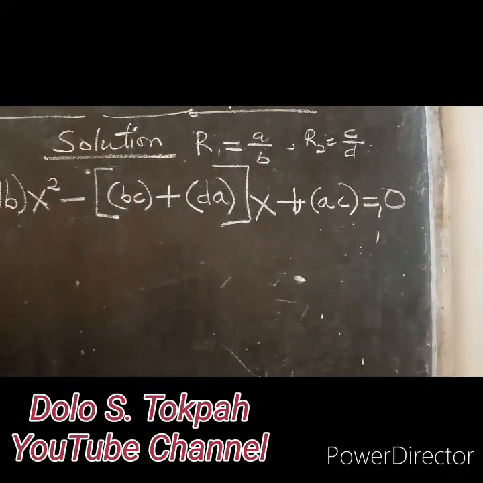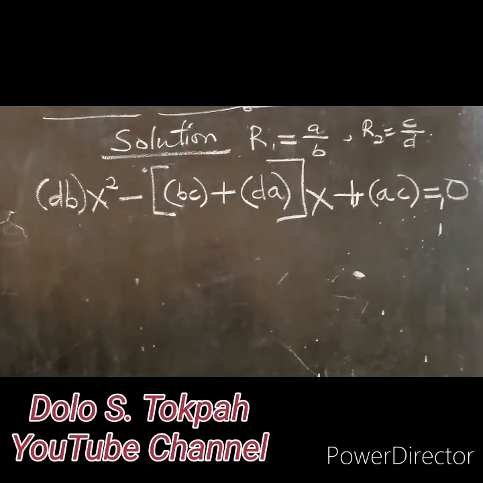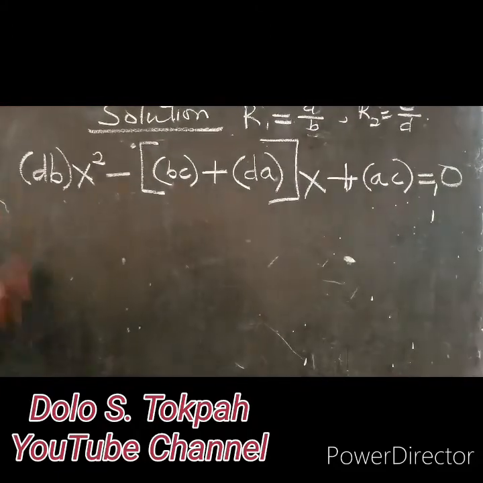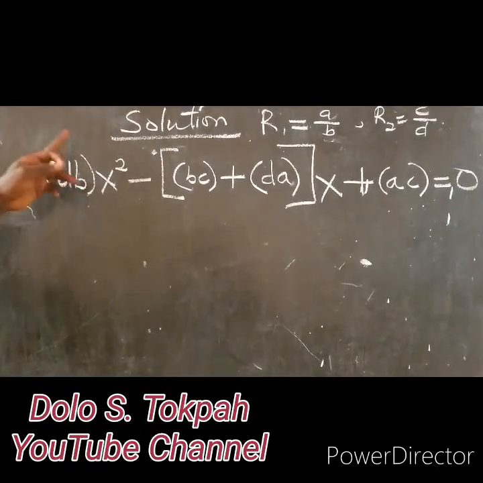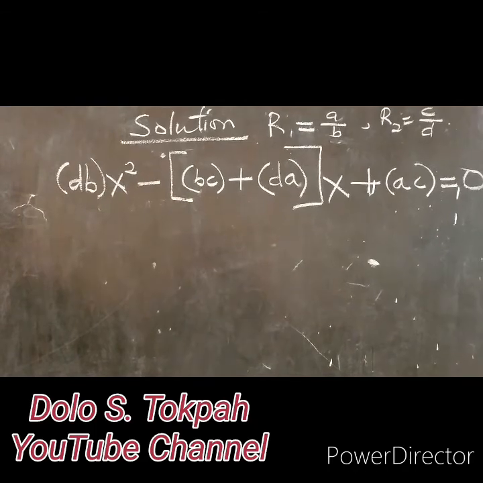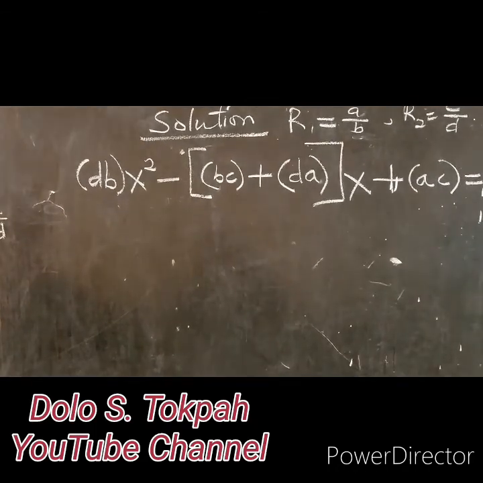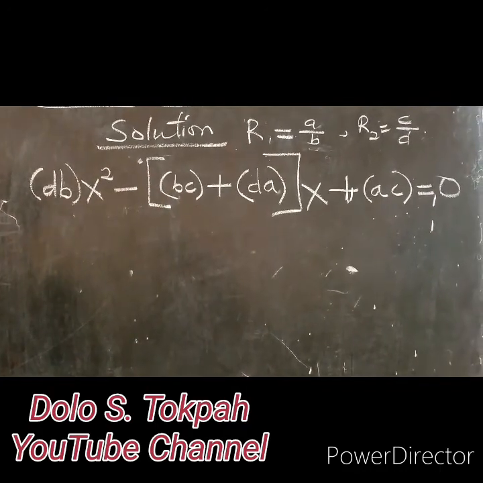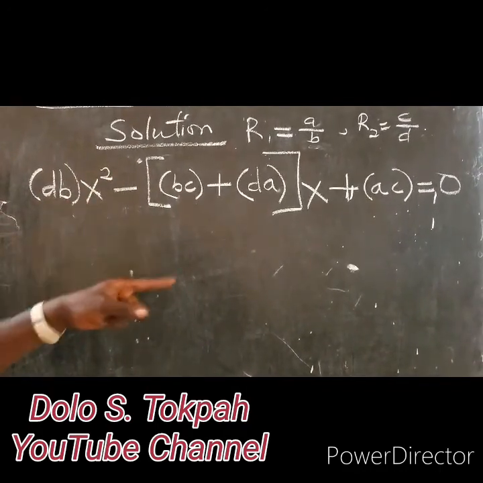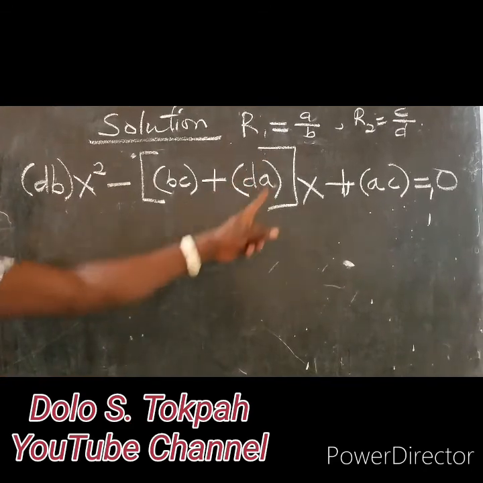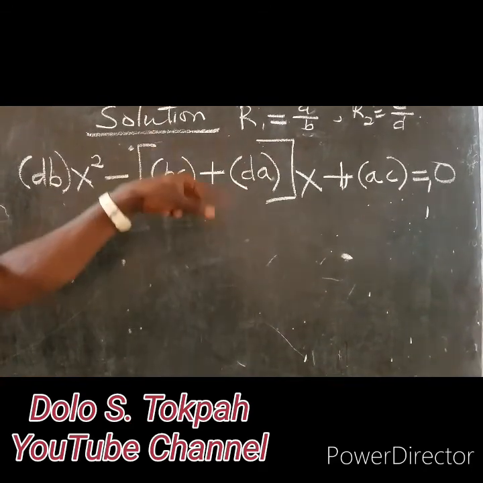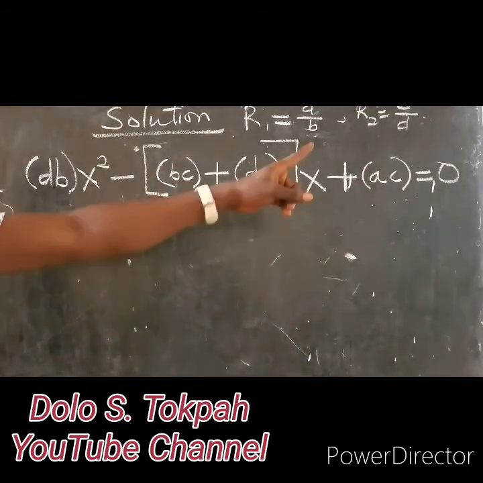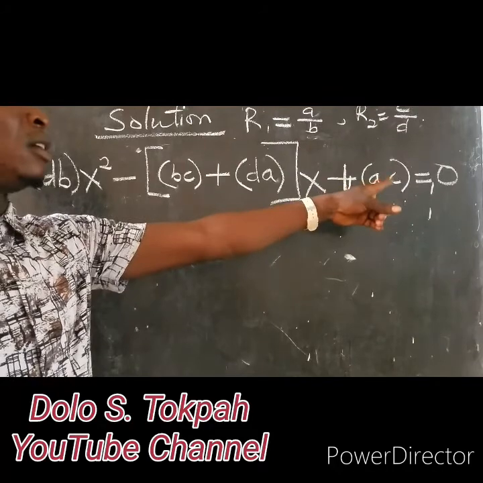This is the Dolos equation: parenthesis open, DB against x squared, the quadratic of x, minus braces open, parenthesis open, BC, parenthesis closes, plus another parenthesis open, DA, braces close against x, plus parenthesis open, AC equals 0.